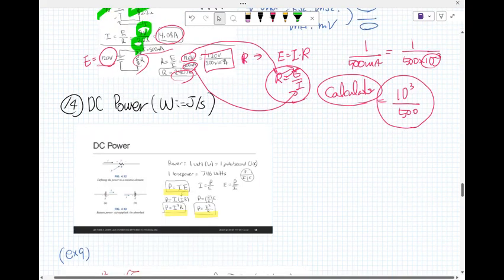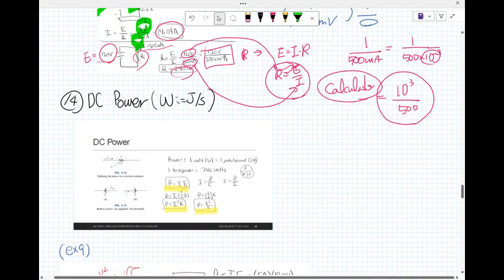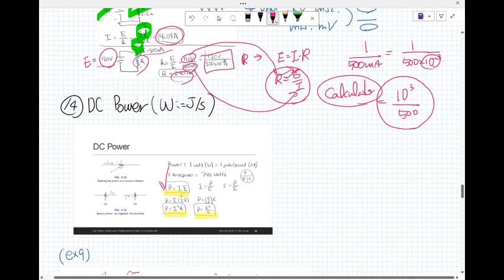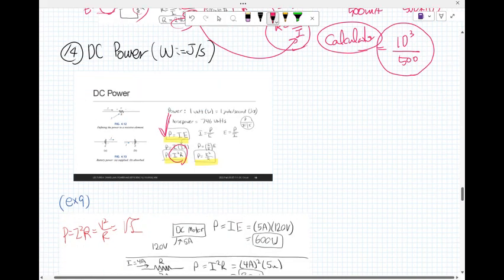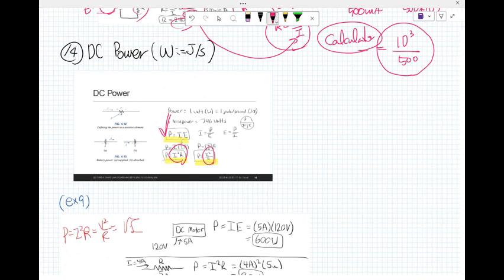All right. So the DC power formula: P is equal to IE. And using Ohm's law, we can also rewrite it as I squared R, or E squared over R. And 1 horsepower is 746 watts. Usually the unit of power is watts, okay? Also, it is 1 joule per second.